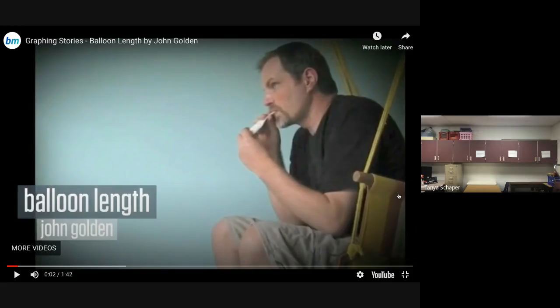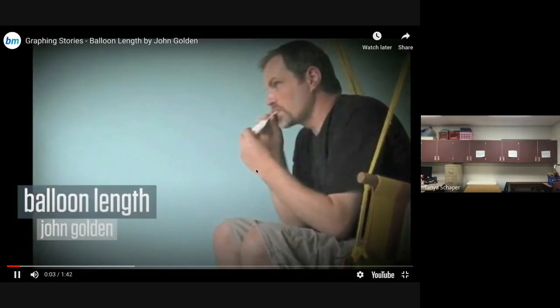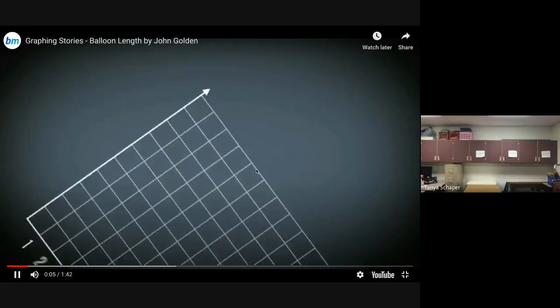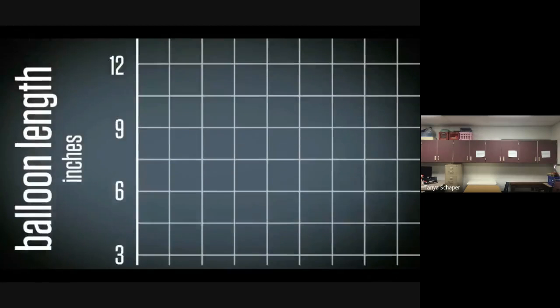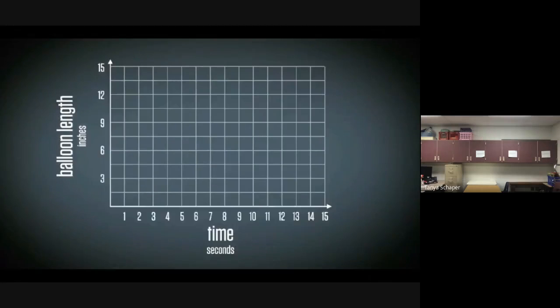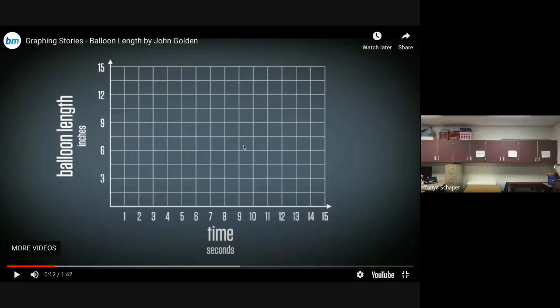As we go through graphing this one, the first thing we're going to do is set up our graph, and our axes are going to be balloon length in inches and time in seconds. And when you look at this particular scale, it goes up by 1.5. So it's 1.5, 3, 4.5, 6, 7.5, 9, 10.5, 12, and so on.